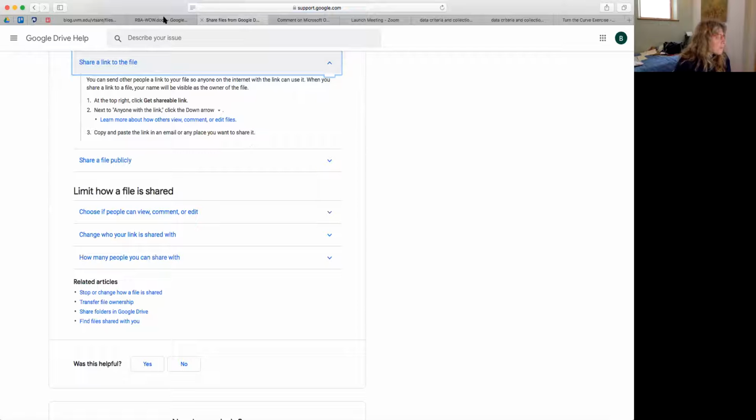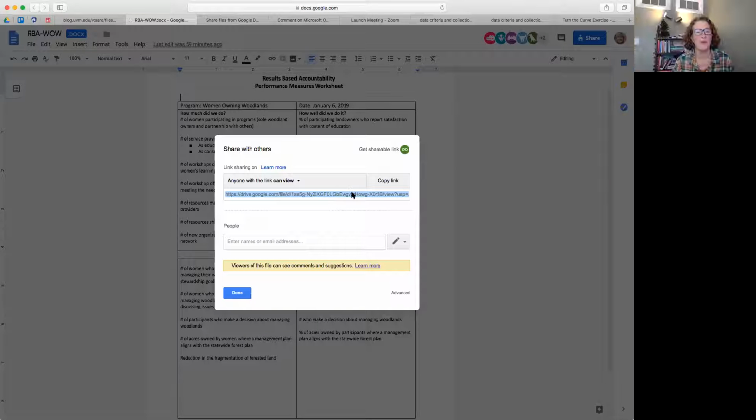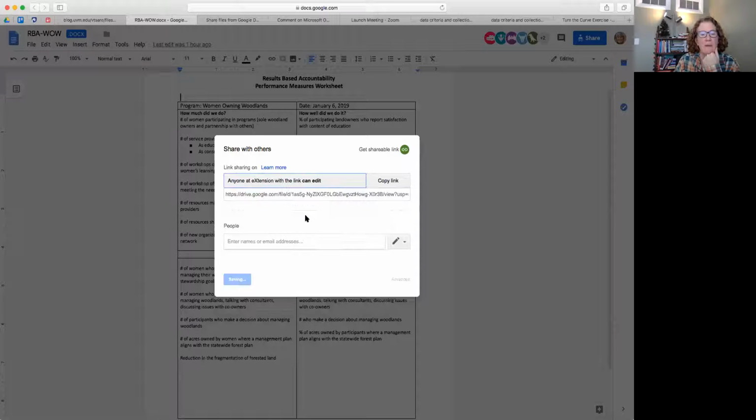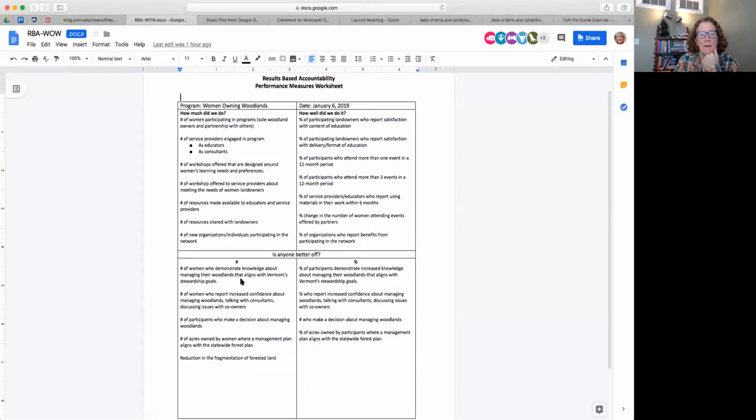I wonder if I open it up in Google, if we can do it more easily. Let's see, anyone with, oh, here we go. Oh, I can't click on it. If you go up into that first box, anyone with a link can view, and there's a little arrow, and you could go to that arrow and change it to edit right there on the top. Okay. I think that will work. Thanks, Scott, for bringing that to our attention.